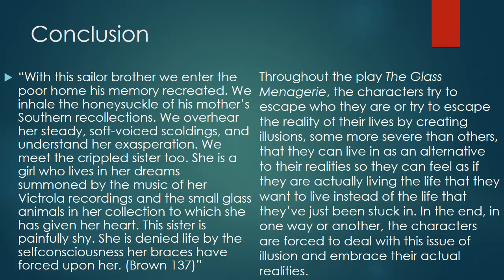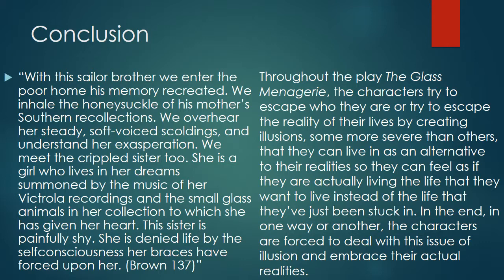And then it talks about his mother's steady scoldings and her exasperation, all this due to her constantly living in the past and trying to escape that and live through her children and scold them constantly, trying to make them what she wants them to be.